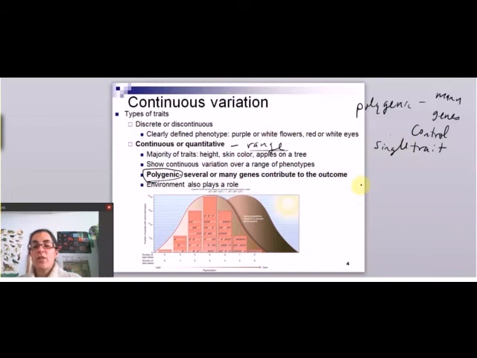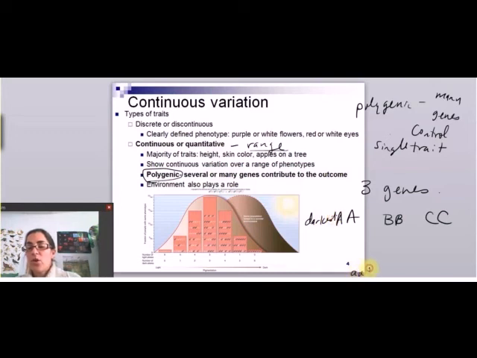So for skin color, for example, there's at least 3 genes known to control skin color. And for simplicity, they use A, B, and C in your textbook. So there's the A gene, the B gene, the C gene. Somebody who is homozygous dominant for all three would be the darkest.